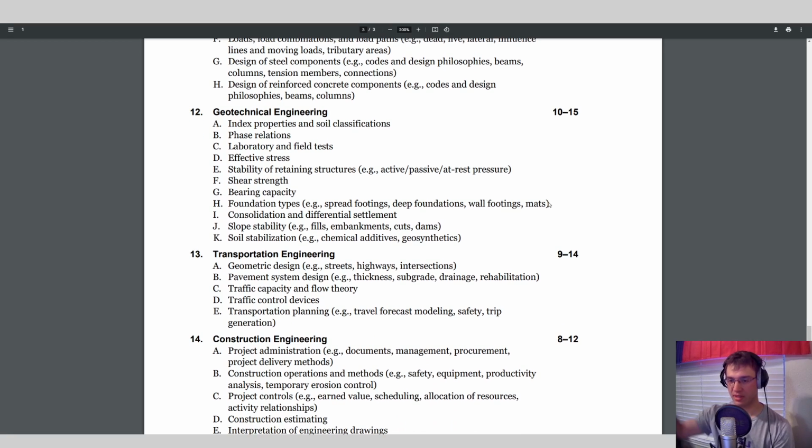Geotechnical engineering: index properties and soil classifications, phase relations, lab and field tests, effective stress, stability of retaining structures, shear strength, bearing capacity, foundation types, slope stability, soil stabilization. This is another one I did not spend a lot of time in.